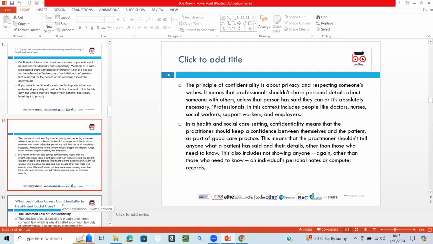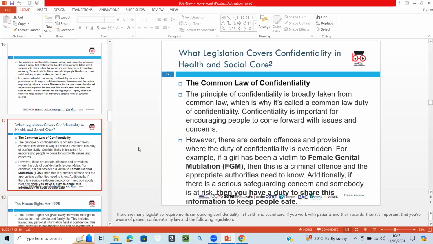Then we have what legislation covers confidentiality in health and social care. There are several key pieces of legislation which govern confidentiality in healthcare.